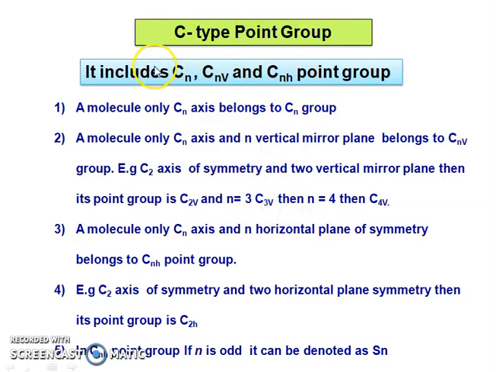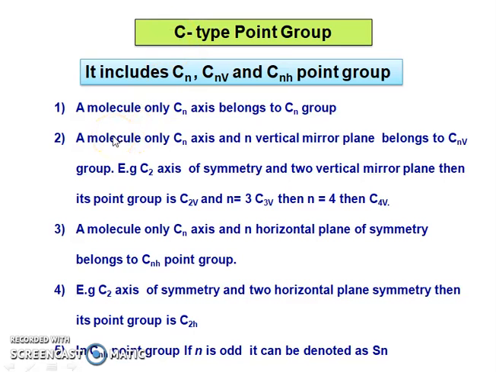In the C type of point group, it includes a Cn axis, Cnv, and Cnh point groups. So these three point groups can be included in the C type of point group. What type of characteristics are there for the C type of point group?